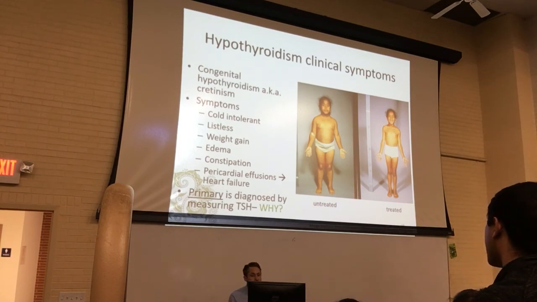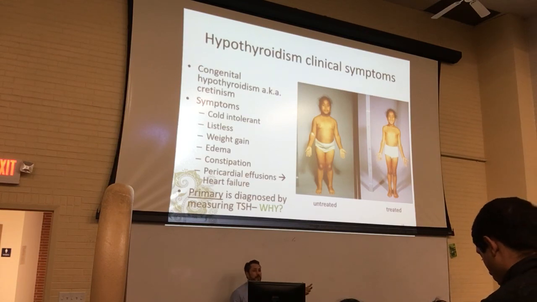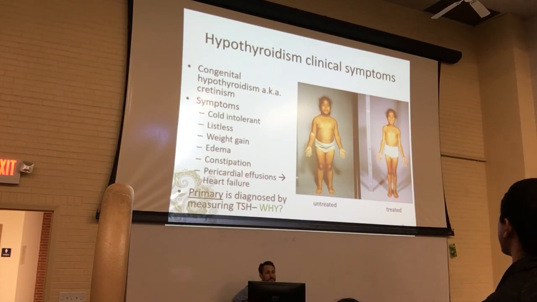She hadn't lost a single deciduous tooth by the age of 10. So all of her baby teeth are still in. She was treated, and within the next 10 months, she lost 6 teeth. She had a striking catch-up in growth. The bone age caught up, and you can see the results over on the far right. So hypothyroidism on the left picture.